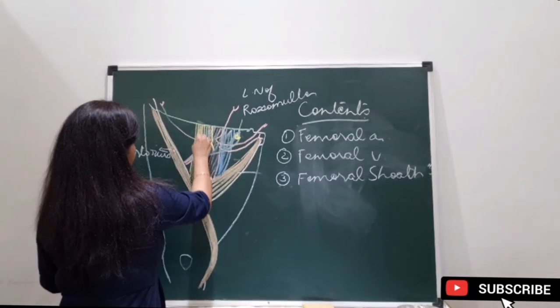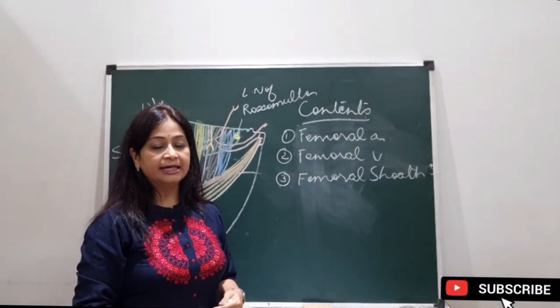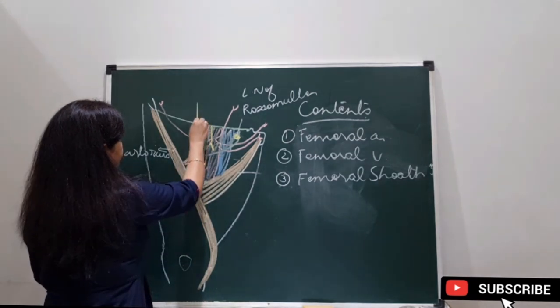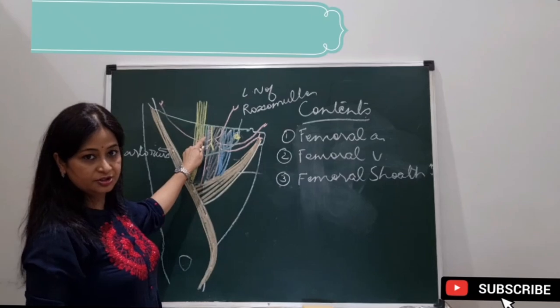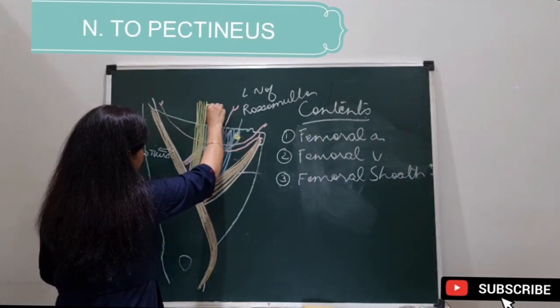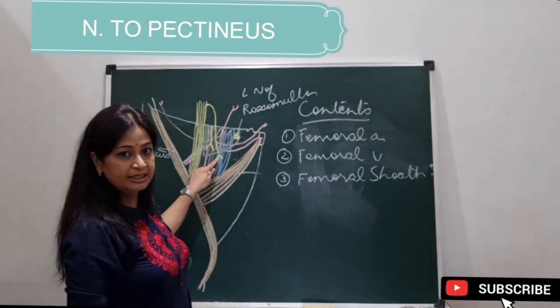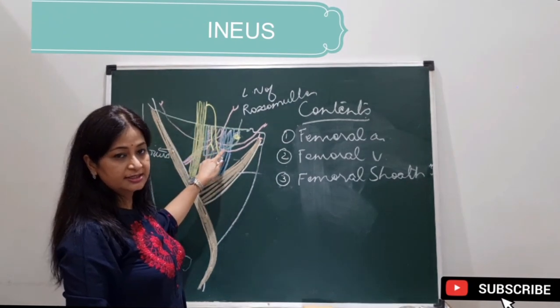Now, there are certain other nerves which are also a content of this triangle. Firstly, a nerve to pectineus. Now, before the femoral nerve enters the femoral triangle, here itself it gives off a branch known as the nerve to pectineus, which supplies the muscle pectineus in the triangle. So, this nerve is also a content.